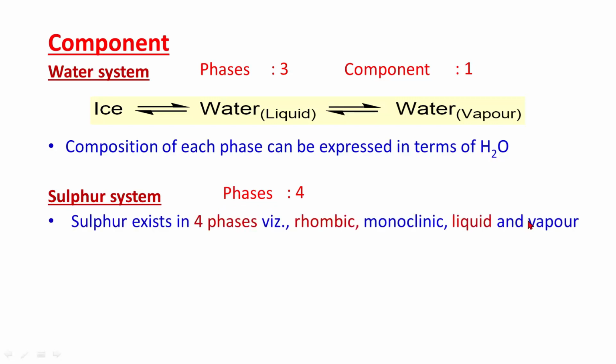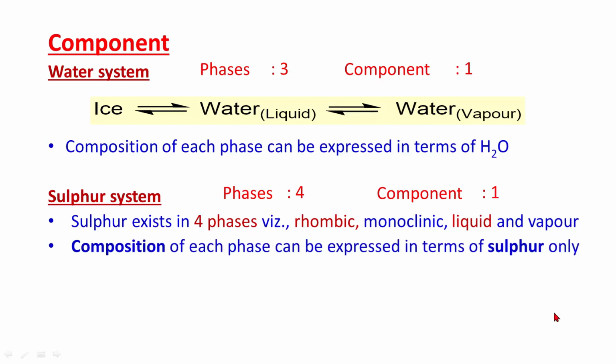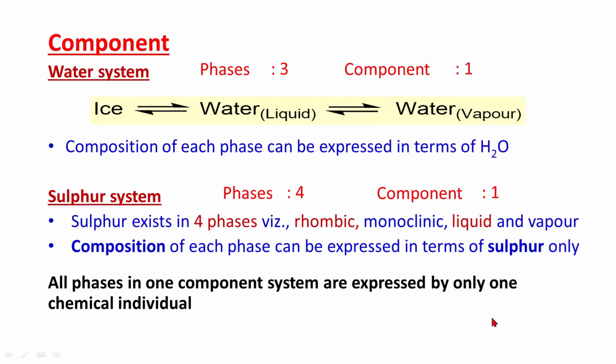These are rhombic, monoclinic, liquid and vapor. Number of component is 1, as composition of each phase can be expressed in terms of sulfur only. All phases in one component system are expressed by only one chemical individual. In this case H2O and in this case sulfur.